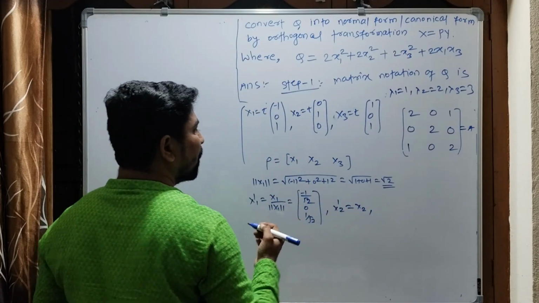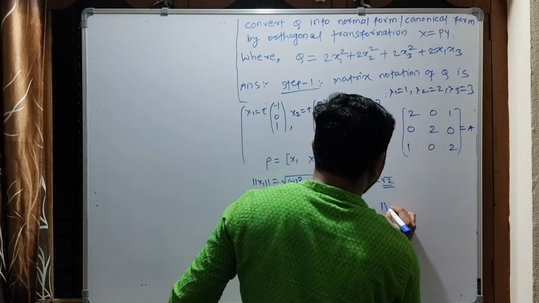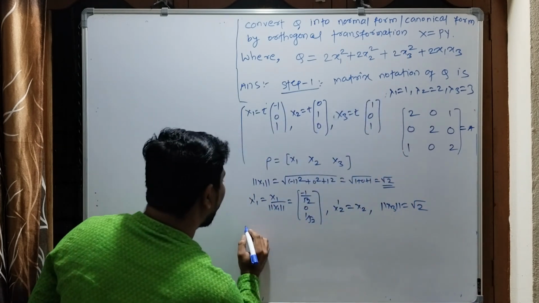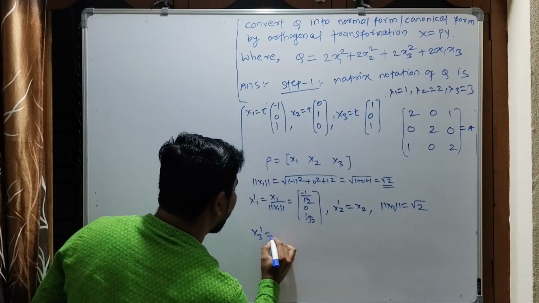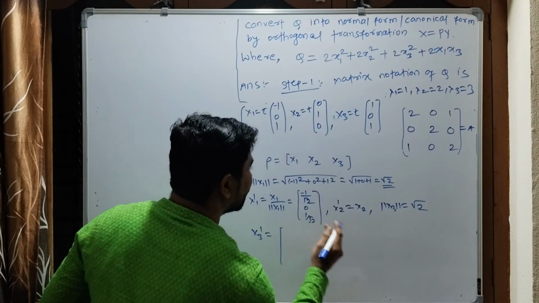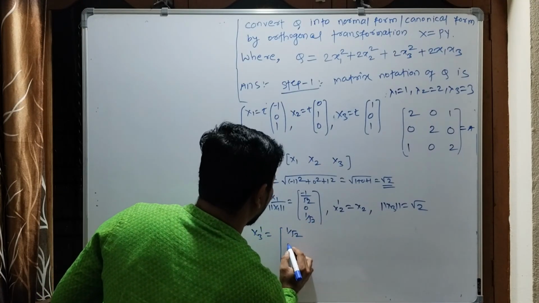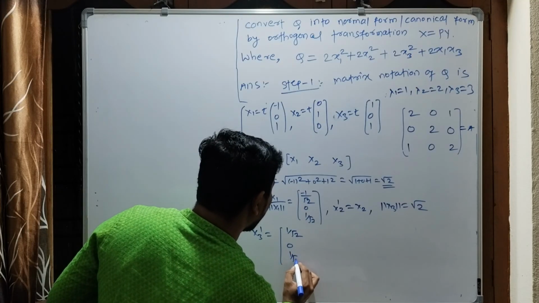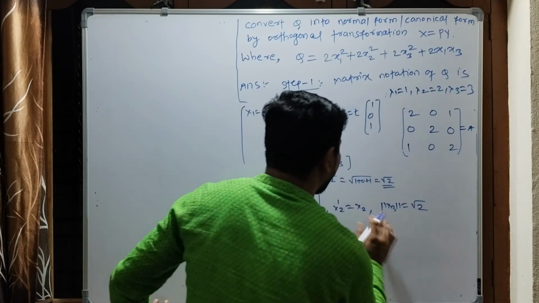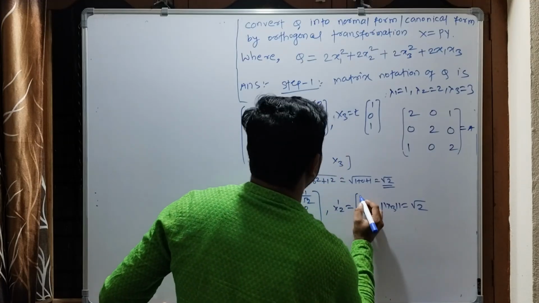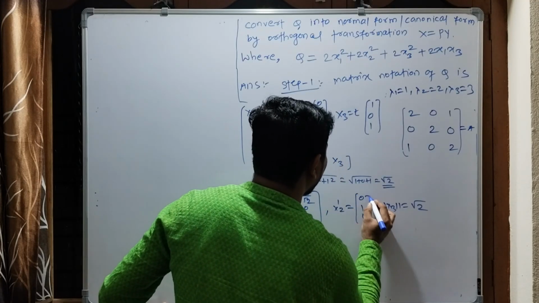Now I want to find the length of x3. Again we can check, that is root 2, and I write x3 dash as 1 by root 2, 0, 1 by root 2, and x2 similarly is equal to 0 1 0.